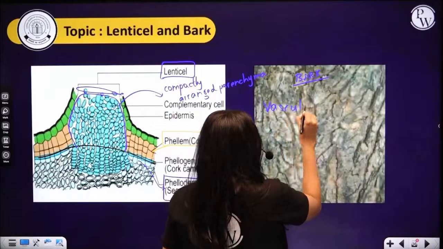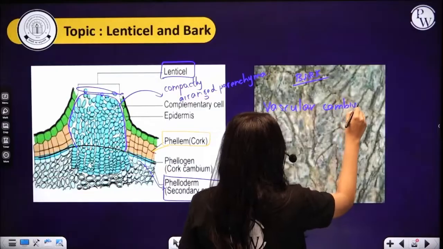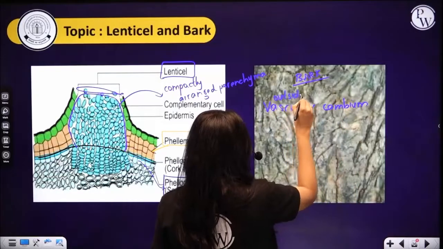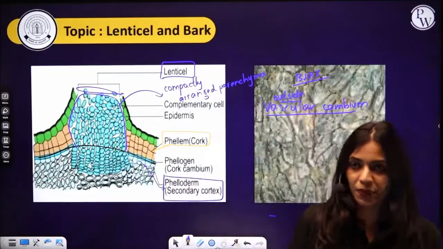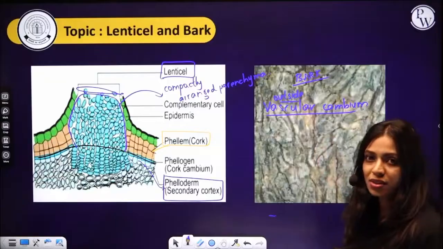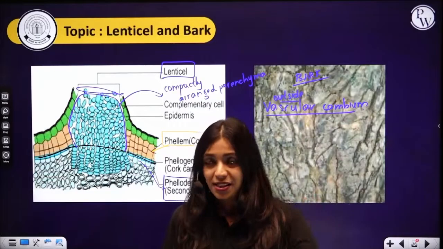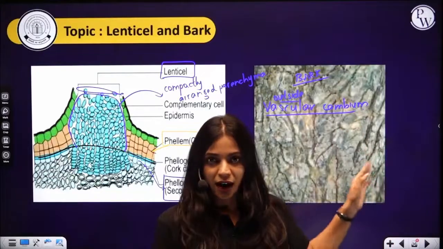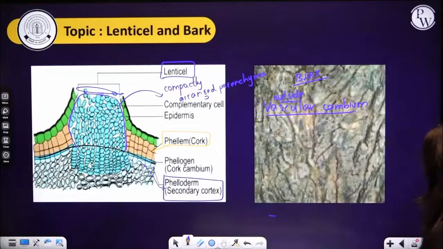So all of the tissues that are present outside the vascular cambium are the bark. Technically it includes secondary phloem, primary phloem, pericycle, cortex, epidermis; everything is included under bark.